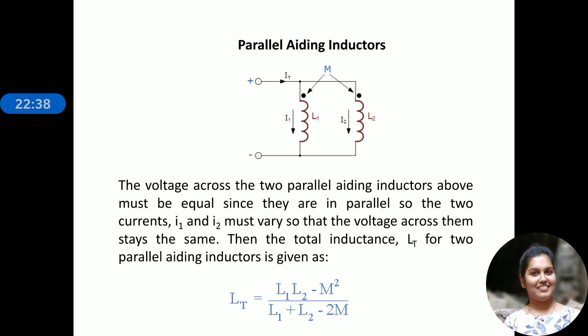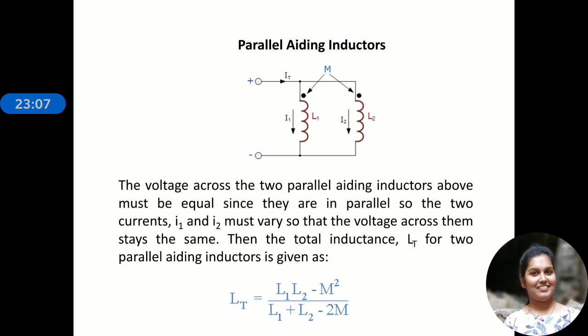So one point to be remembered is, in parallel aiding inductors, the total inductance with parallel aiding connected coils will increase the total equivalent inductance. So if you want to increase the total equivalent inductance, parallel aiding connection should be done. As you can see on the diagram, the connection we have made is nothing but parallel aiding.